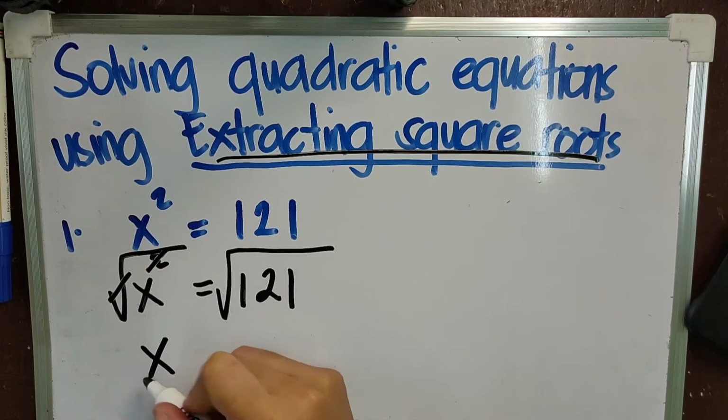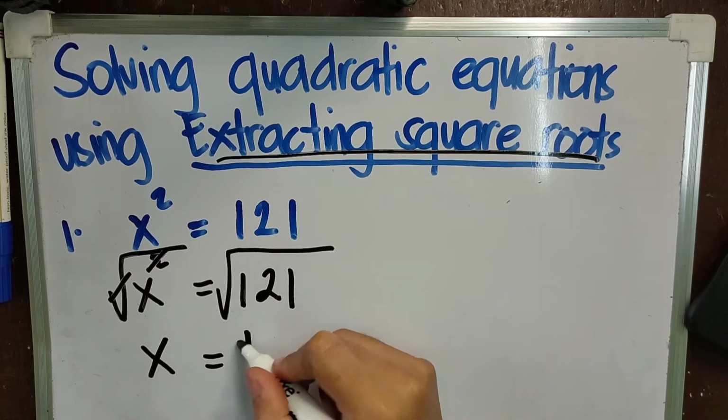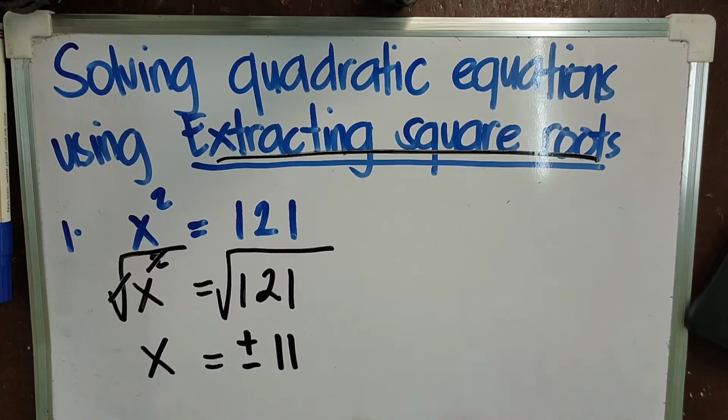So the remaining is x equals, since 121 is a perfect square, the answer is plus minus 11. So our roots or values now are positive 11 and negative 11.